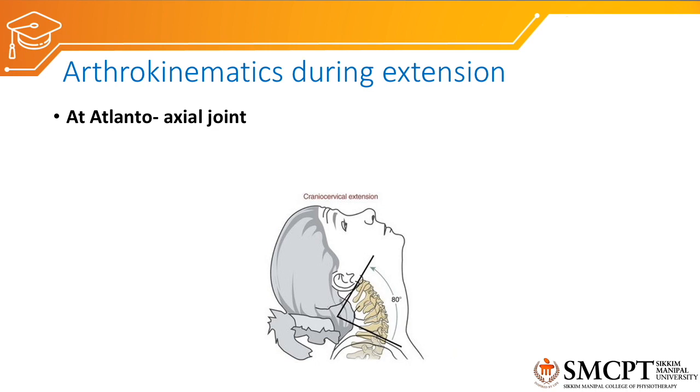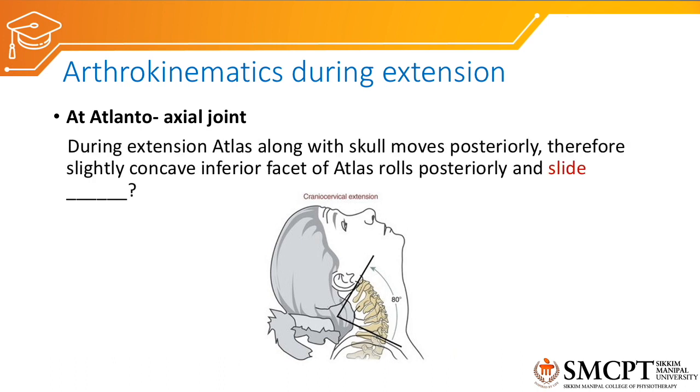So the concave moves on convex because the atlas moves on the axis. So what will be the rule when concave moves on convex? Sliding will be in the same direction as the movement of the bone. So let's see the description further.